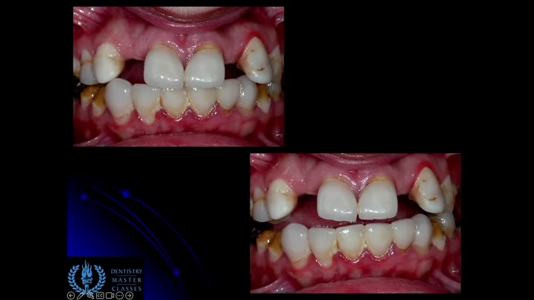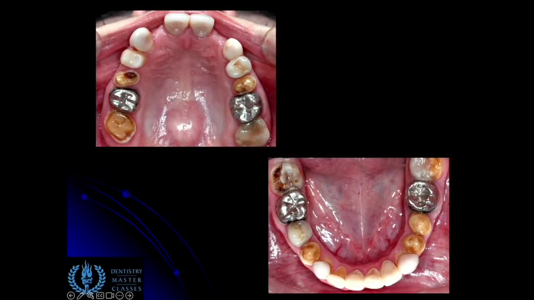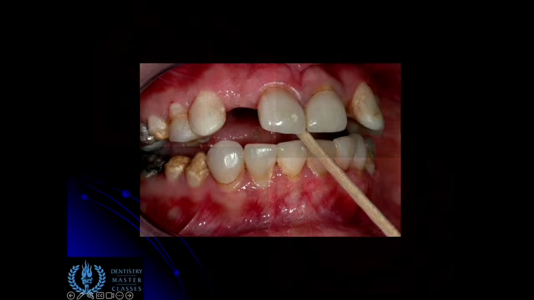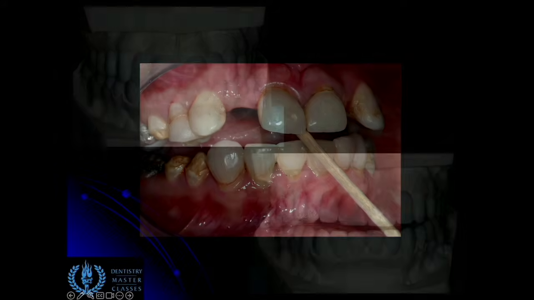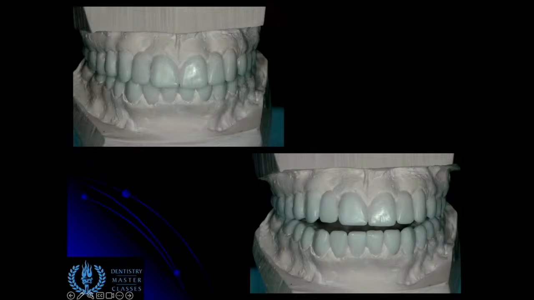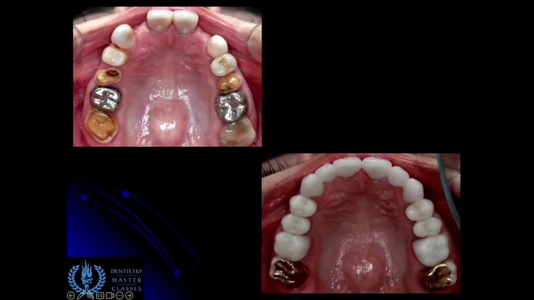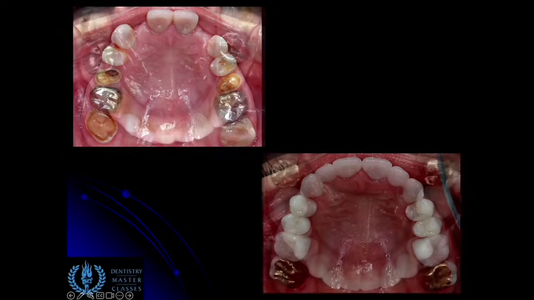This person had amelogenesis imperfecta, and she'd been to dental school, and they said, we don't know what to do with it. So she came to see me, and I said, I can fix anything. So I increased her vertical to have more space where she'd worn the teeth, and waxed it up. Then I know I can do it. Bridges, crowns.